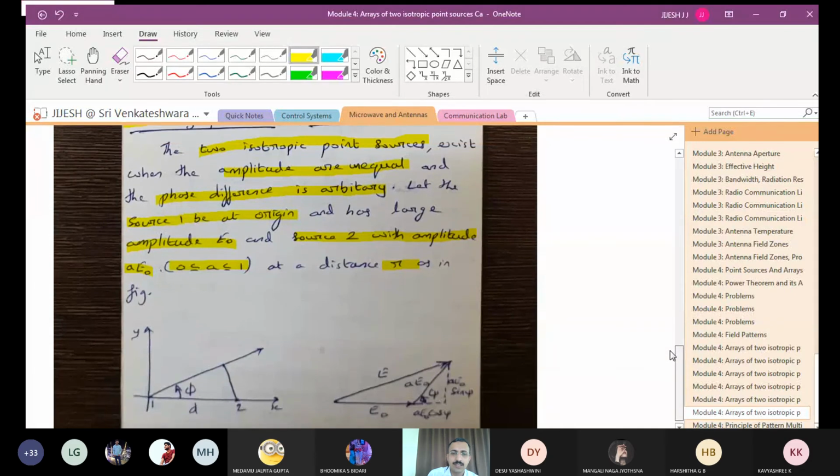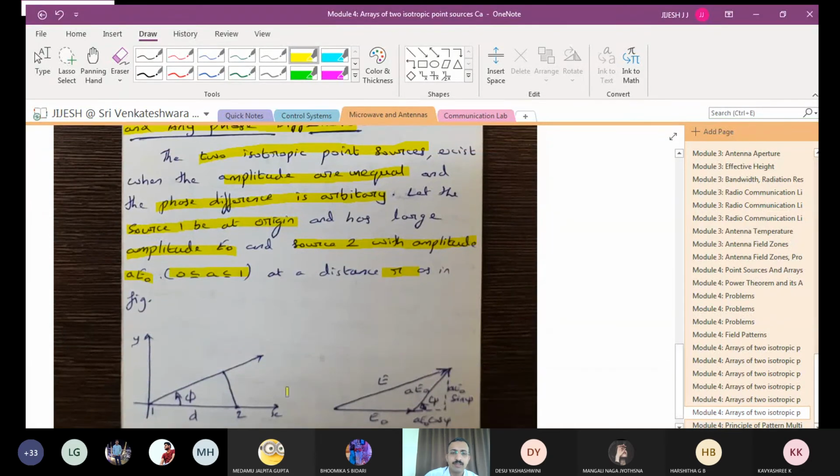This is the representation of source 1 and source 2 with a difference in amplitude as well as a difference in phase. This is the angle phi. The distance between the two sources 1 and 2 is d. So you can represent it in this form.